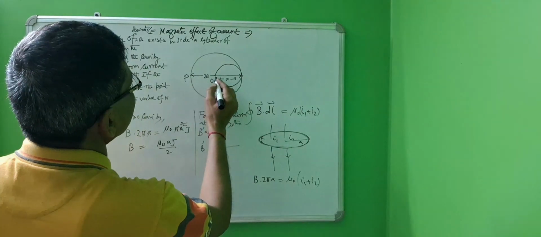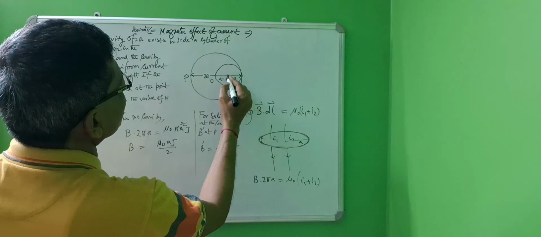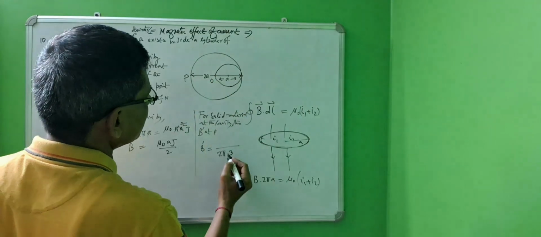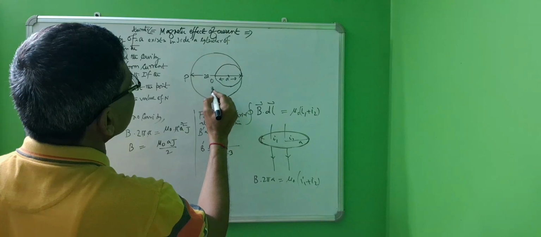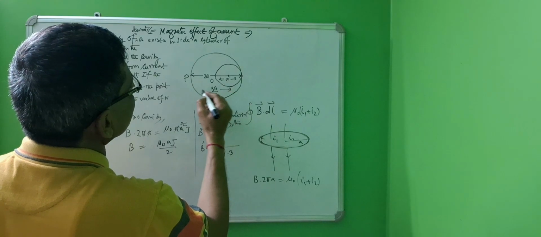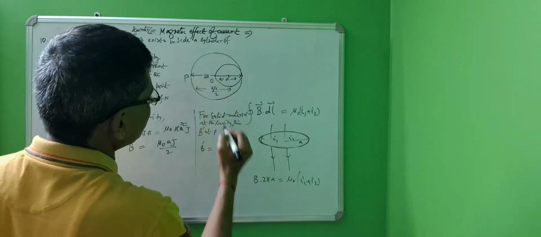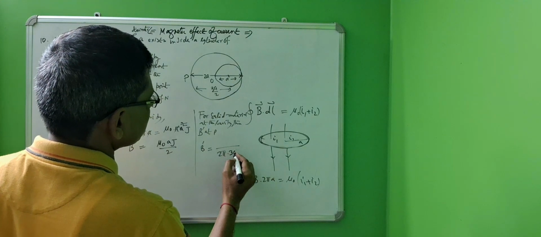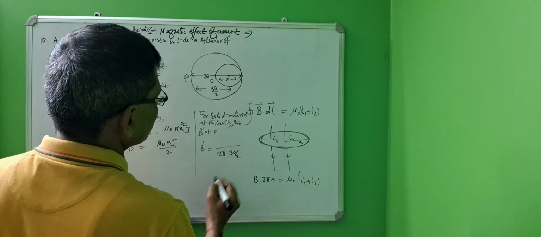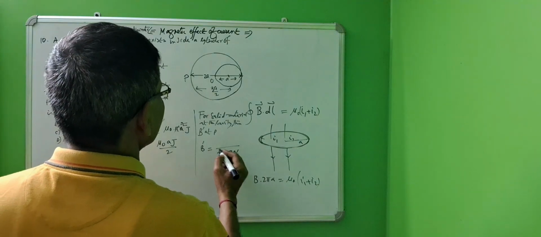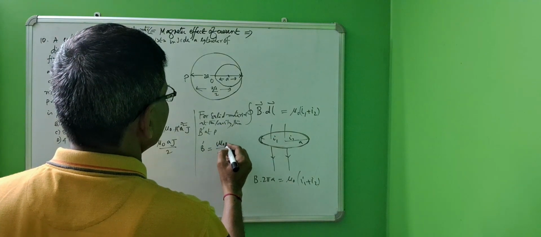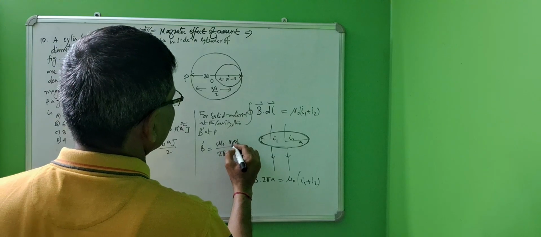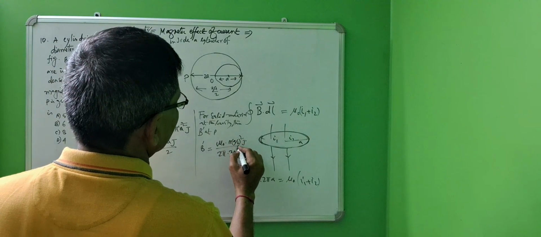Here is A and here is A by 2. So A plus A by 2 is thrice A by 2, and this length is thrice A by 2. So for P at thrice A by 2, B dash equals mu 0 times pi (A by 2) whole squared into J.